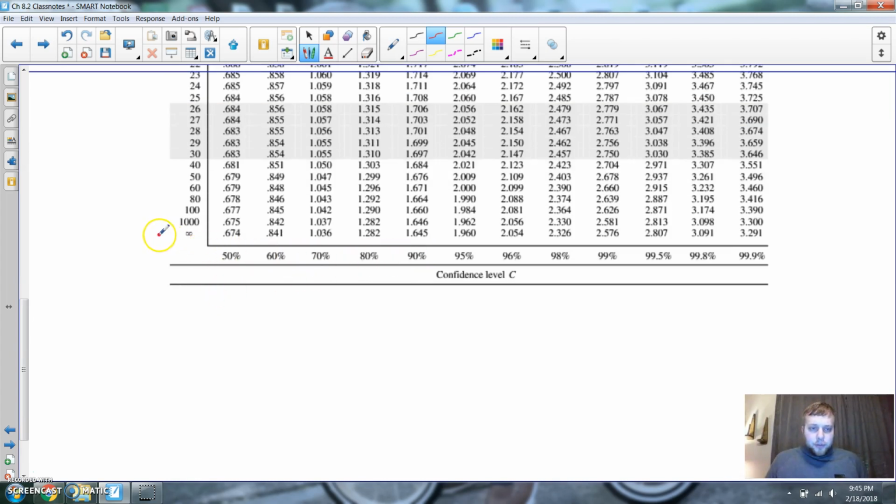If you scroll all the way down, you'll see this infinity sign. It's kind of like an infinity war that we're going to be waging. And notice down here, it also says confidence level. And at 95%, look at this number right here. So if they say, I want to be 95% accurate, and you want to know what CV value you're going to put in, you're going to be like, oh, I can't put a 2 anymore.